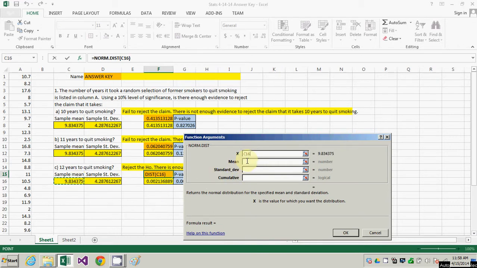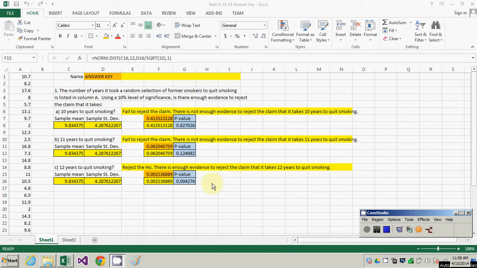We have the mean is now 12, as stated in the problem for part C. Standard deviation is sample standard deviation divided by the square root of 32, so standard error once again, and cumulative is true. Once again, I only state 1 for true.